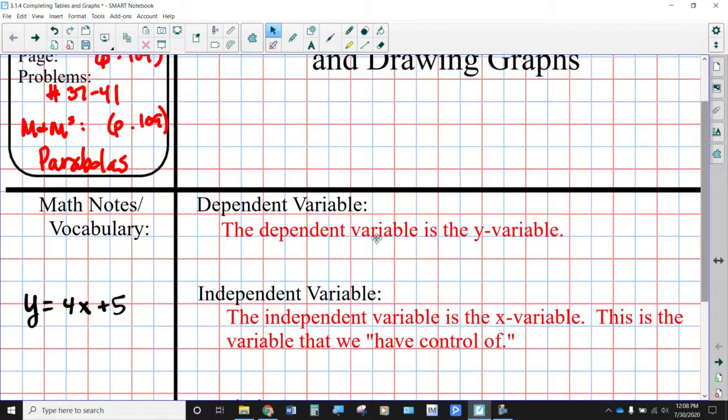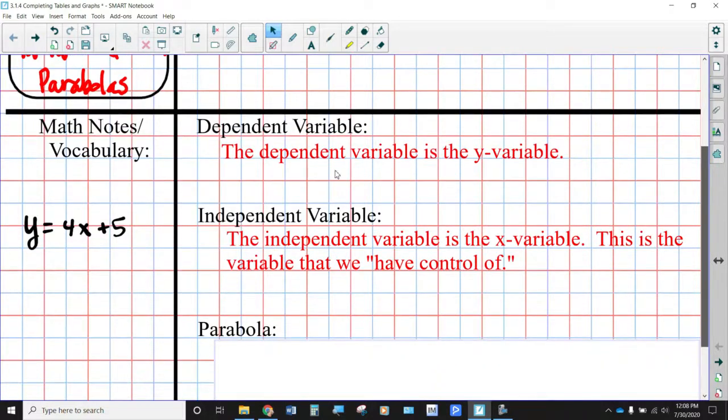And it's critically important that you eventually understand the significance of the differences between those two variables, because when you have a word problem, you have to determine what are we going to be exercising control over and which one is going to be affected by that. And so the one that you choose to assert control over will be your x variable, because that's the independent variable, okay?